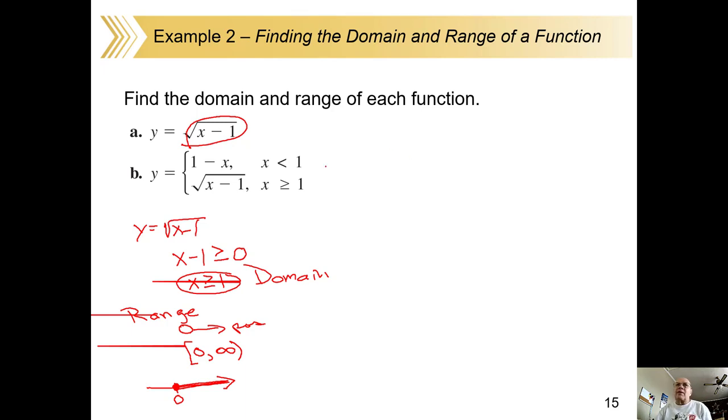Okay, let's tackle the other one. So let's start with the domain. Right here on the right-hand side, it tells you what x's you can use. See if I can carefully rewrite this.